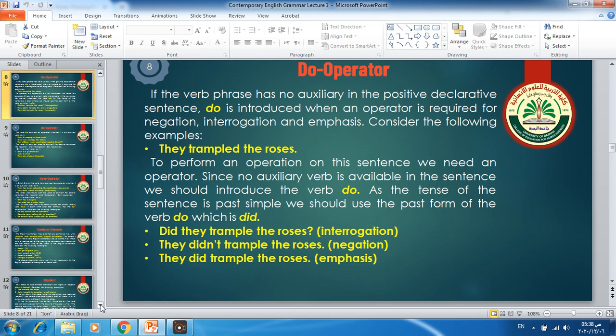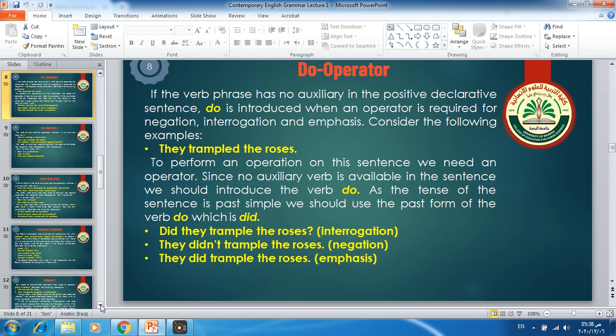And the verb do and its variant forms can be used to perform operations like negation, interrogation, and emphasis. We can use it also to emphasize our speech.